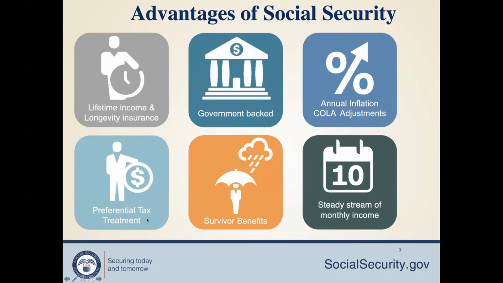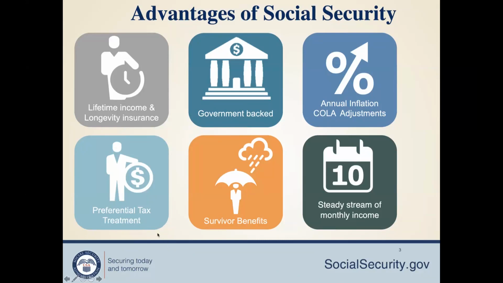And preferential tax treatment. This may not be a huge benefit for high earners like us, but for lower income families, it is really a great benefit, because if Social Security is the main source of income, pretty much they don't tax it.